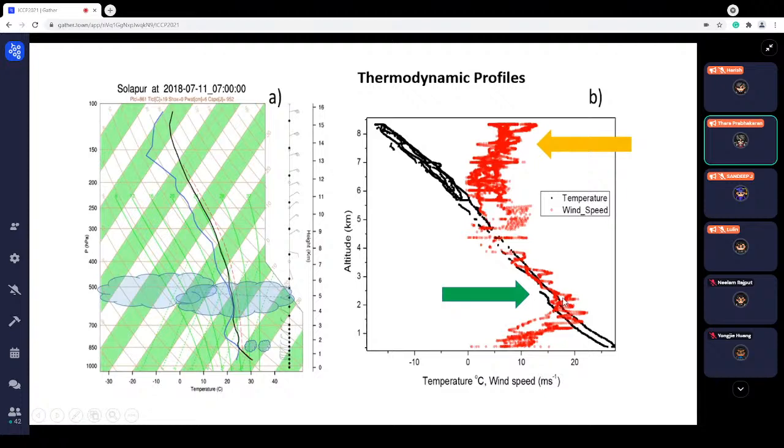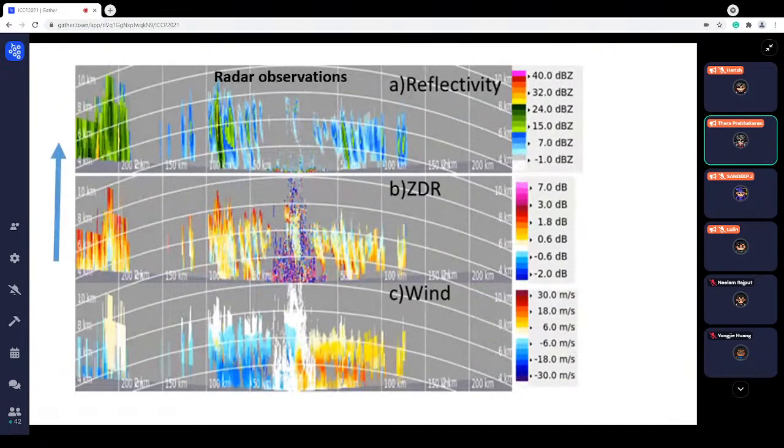This is the wind and temperature observations that we have taken with the aircraft. I just show one east-west vertical cross-section across the region from the radar observations. The radar was situated at the center of that region, the rain shadow region.